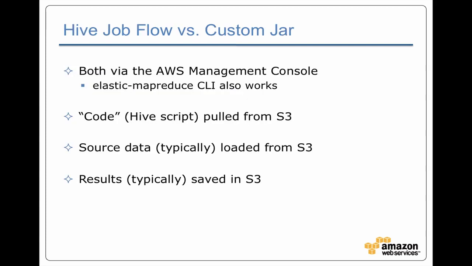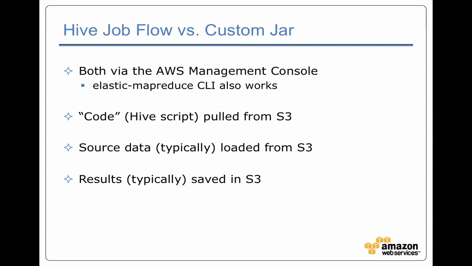So what's the difference between using a Hive flow and a custom jar? Both you can set up the job flows using the AWS Management Console or the command line tools. When you're running a custom jar, you've got code that you've uploaded as a Hadoop job jar into S3, versus with Hive job flows, you have typically a Hive script that you put somewhere in S3.